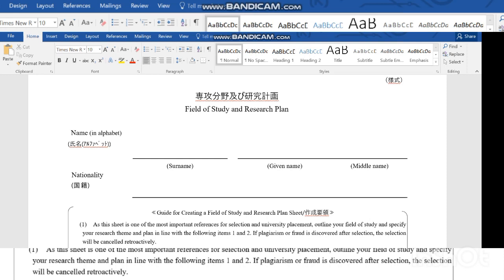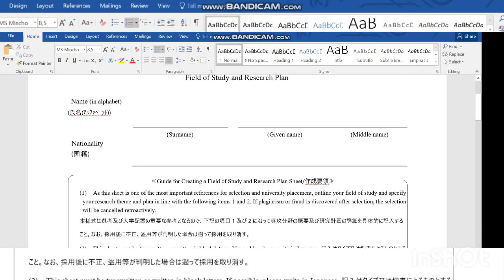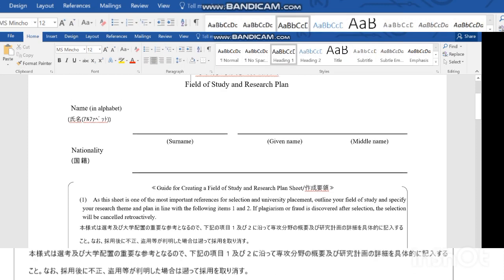This is a sample document that I prepared to share with a friend when they were asking, and I thought it would help me break down some of the points that I think are very important for this field of study and research plan, because it was one of the most intimidating documents for me, and one that I unfortunately procrastinated on a lot because of how intimidated and anxious it made me. But we're here to get through it together.